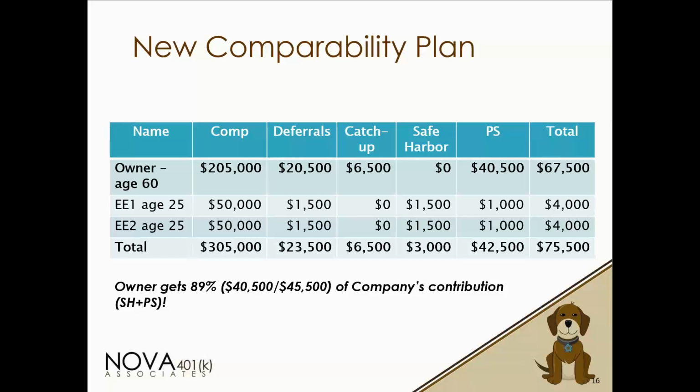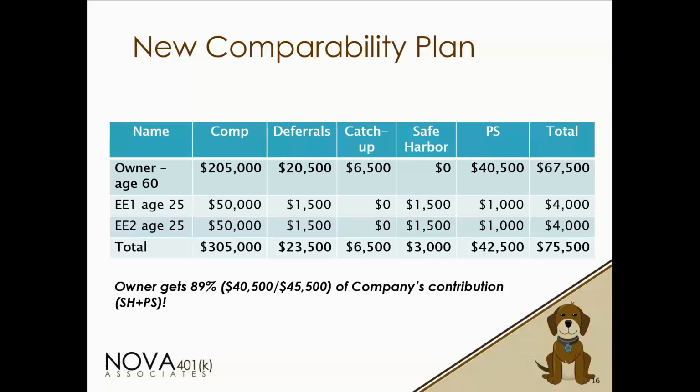So again, we're moving up that food chain. You can see the numbers are getting better, more appealing for the owner. Complexity, it's slightly more complex, right? We now have an additional piece of a profit sharing and not just a safe harbor for everybody, but still not that complicated.